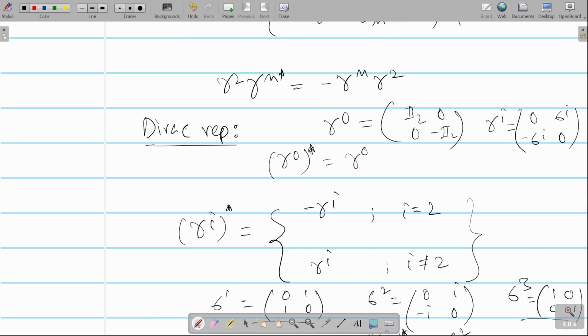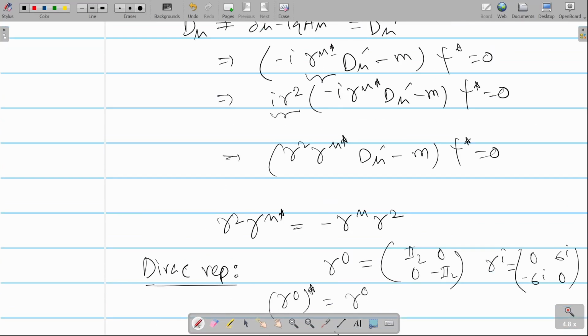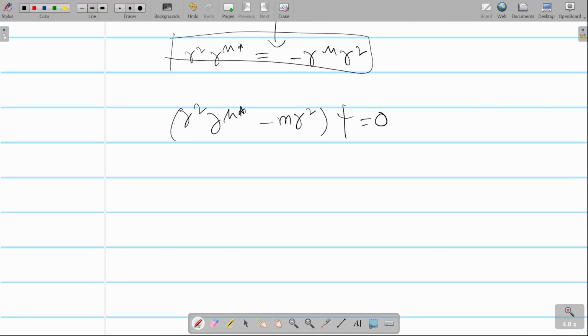I guess this is the equation, with the derivative, and you have i gamma 2 here, and you have this covariant derivative.